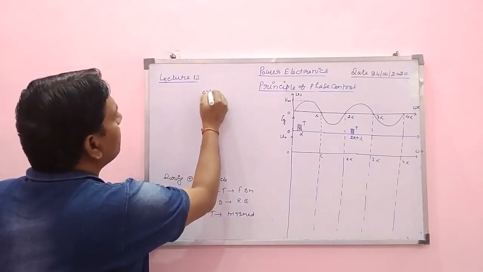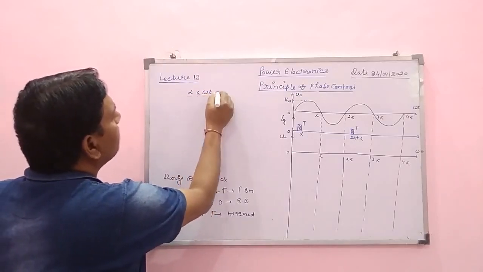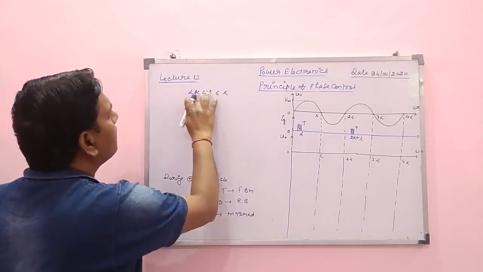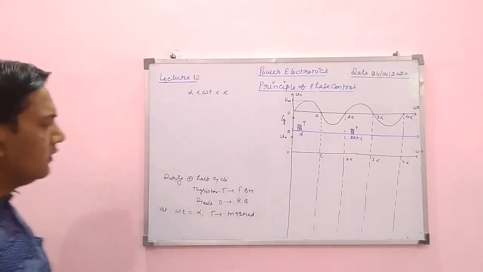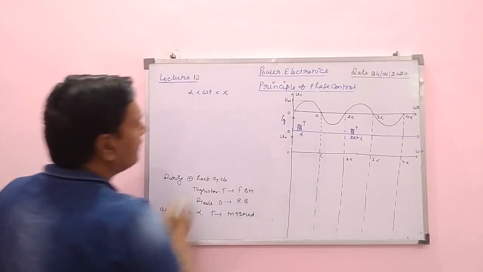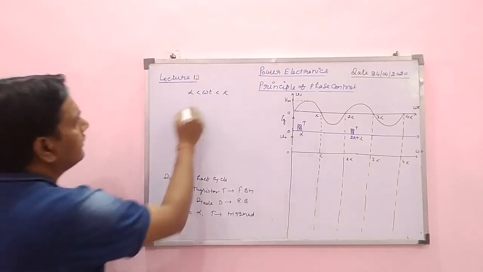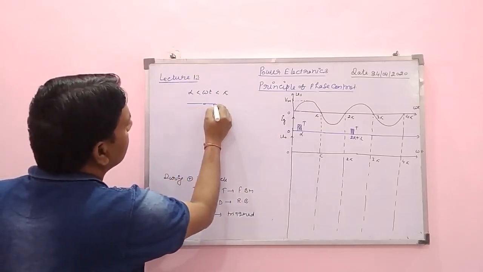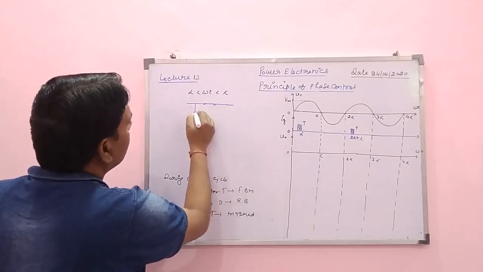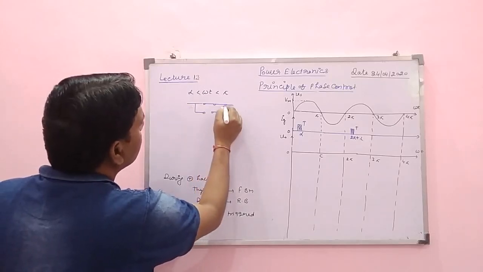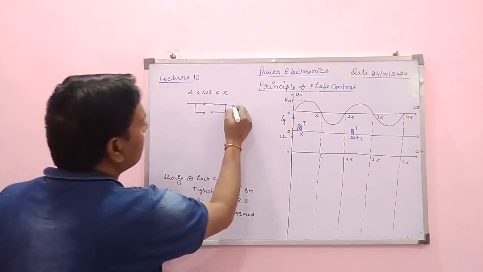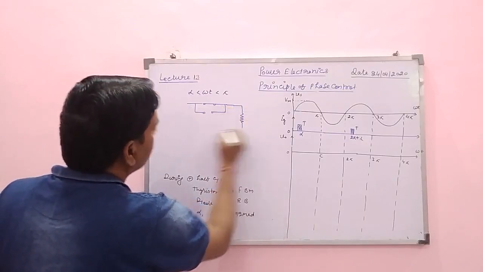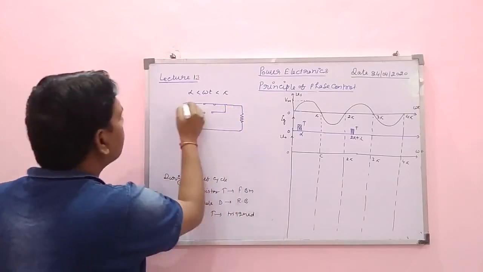At alpha the thyristor T starts to conduct. That's why it will be like a short circuit, and this diode will be an open circuit because it is in reverse bias condition. So this is the equivalent circuit. This is the supply voltage.